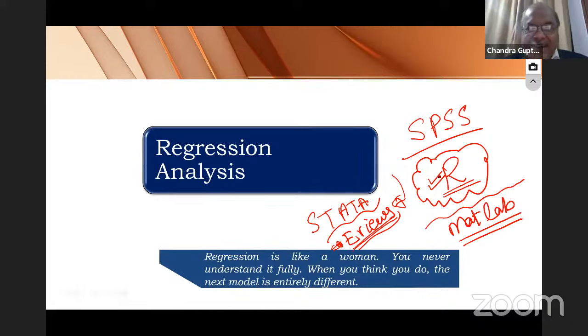But people say that it's very difficult to understand a woman. I mean, it's not sexist, I will say. It's just in a lighter way they are saying it. Gurvika, please don't take it otherwise. Of course, I understand it's a gender-based statement. Okay. Anyway.